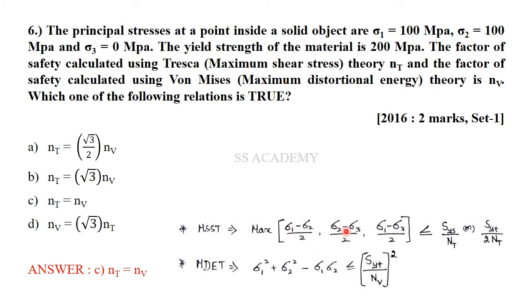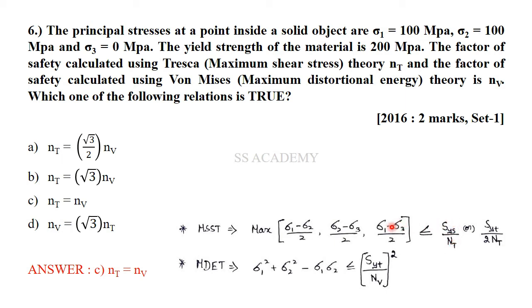So here you can confine to sigma 1 minus sigma 2 by 2, or sigma 1 by 2, or sigma 2 by 2. But here you can see both are alike in nature, so you have to go for sigma 1 by 2. If it is sigma 1 by 2, the maximum shear stress is 50. This must be less than or equal to shear yield strength by the factor of safety.